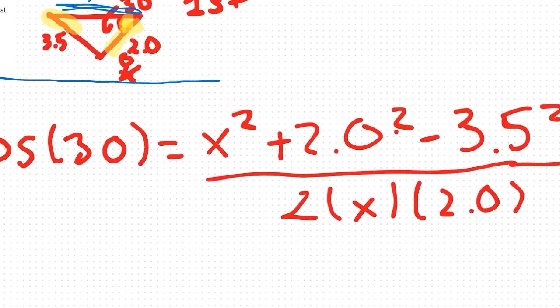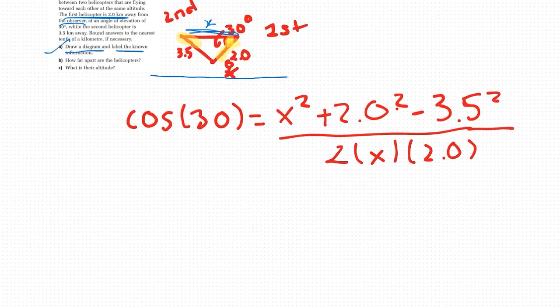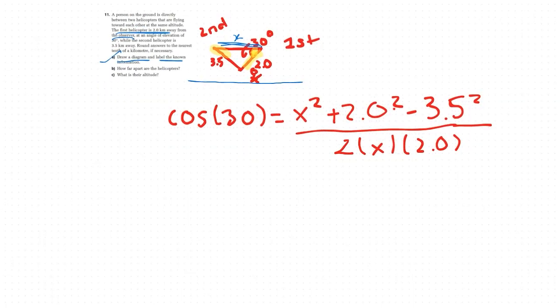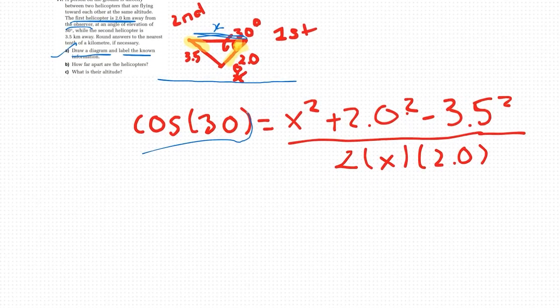So then now I have two x's. Basically it's a quadratic equation. So how much is cos 30? Cos 30 is 0.86. So what to do now?